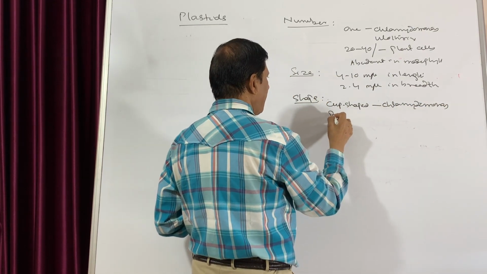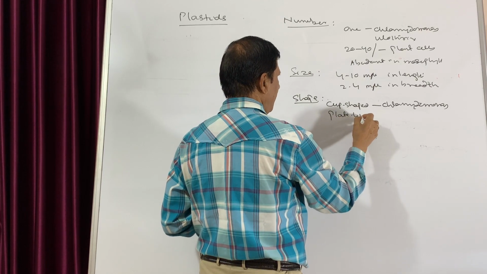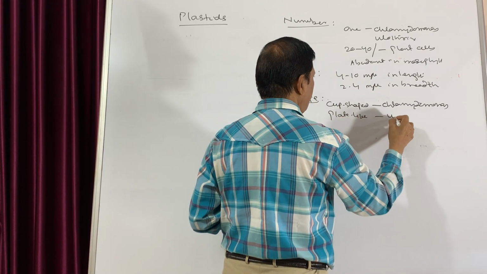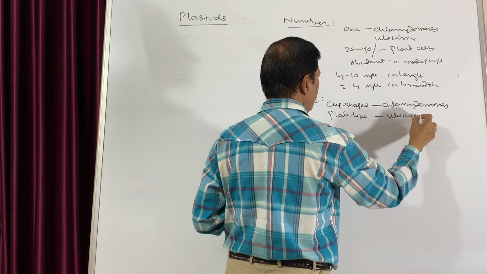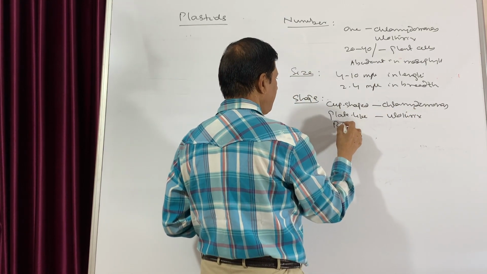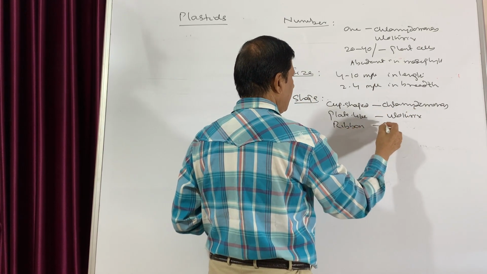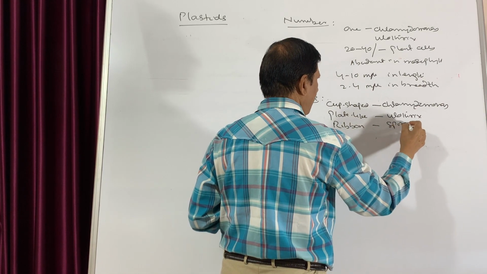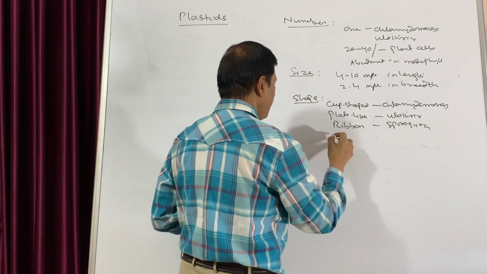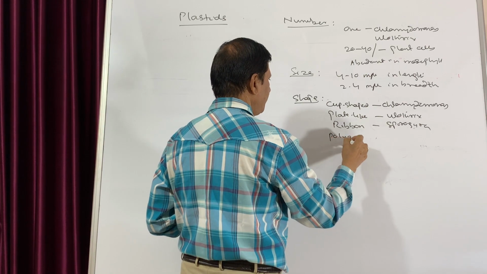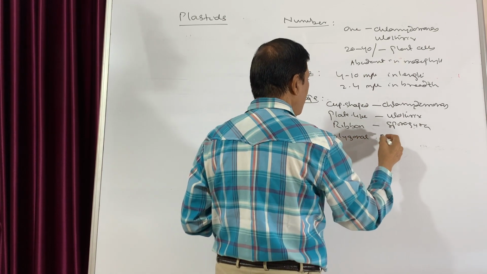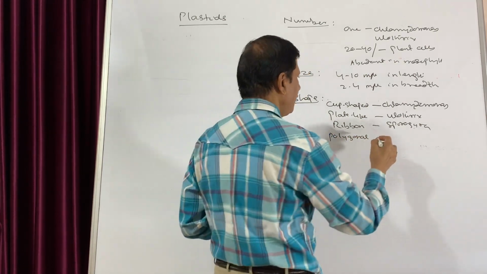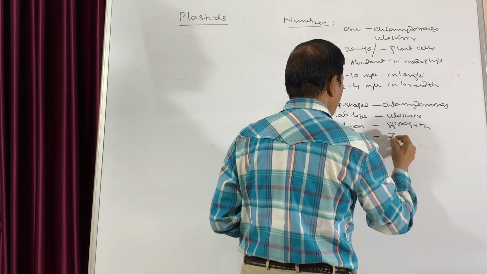Then it is plate-like in case of Ulothrix. It is ribbon-shaped in case of Spirogyra. It is polygonal, or you can even say star-shaped, in case of Zygnema.